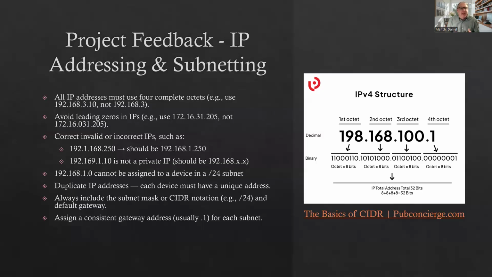Then avoid using a leading 0 in an IP. So don't use something like .031, because that can mess things up. It just doesn't read correctly. You just want to use .31, not 031.